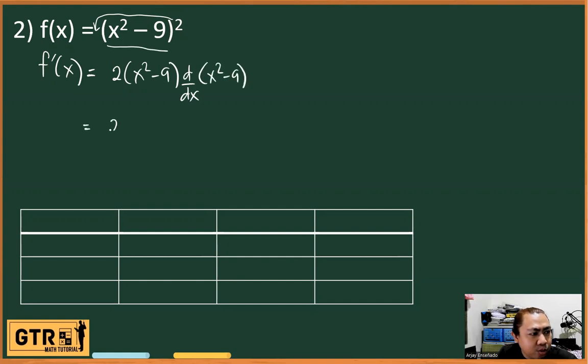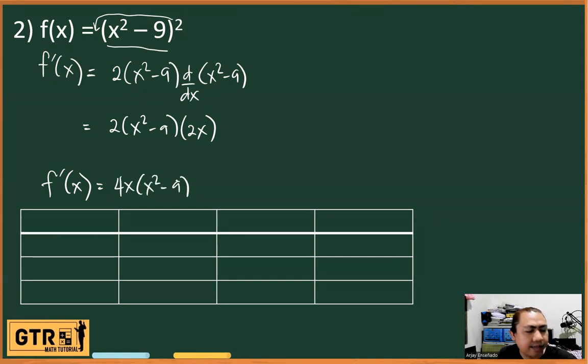Simplifying, we have 2 times x squared minus 9. The derivative of x squared is 2x, and the derivative of negative 9 is 0. So f prime of x equals 4x times x squared minus 9.